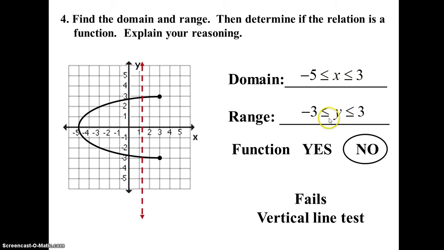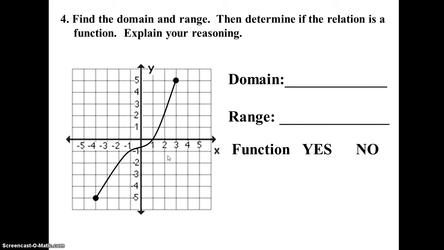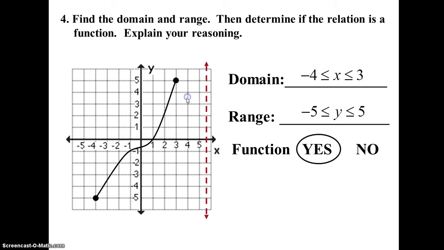So that's how that would change for the problem if you had an open endpoint. So let's see what you got for this one. -4 over to 3 and including. Again, watch out for open endpoints if you have them. From -5 up to 5. It should pass a vertical line test, so it is a function.